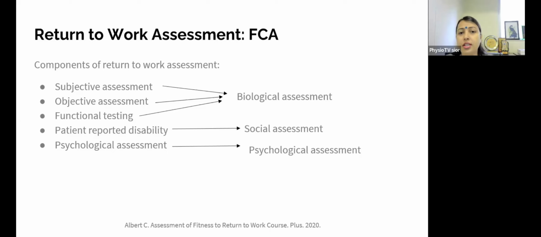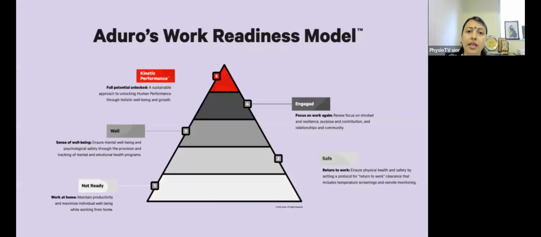And the other is a psychological assessment of the worker, that if he or she is feeling negative or semi-negative about returning to work. Now this is a very, very interesting model, given by Aduro, where we can analyze where our worker lies in terms of readiness to join back the work after injury.